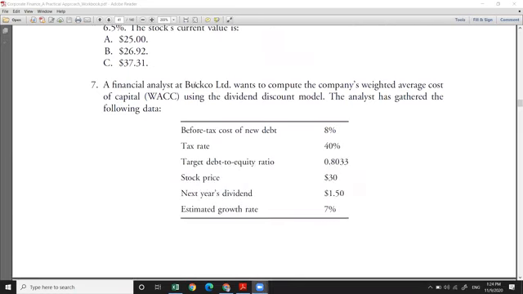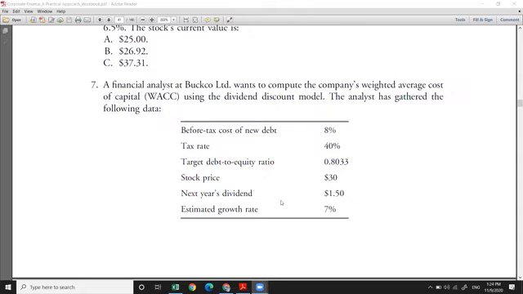Question 7, the financial analyst wants to compute the company's weighted average cost of capital using the DDM model. The analyst has gathered the following data: the cost of debt, the tax rate, the target debt equity ratio, the stock price, the next year dividends, and the estimated growth rate. So in here, you need to calculate the cost of equity and the proportions, and the cost of debt is given already.